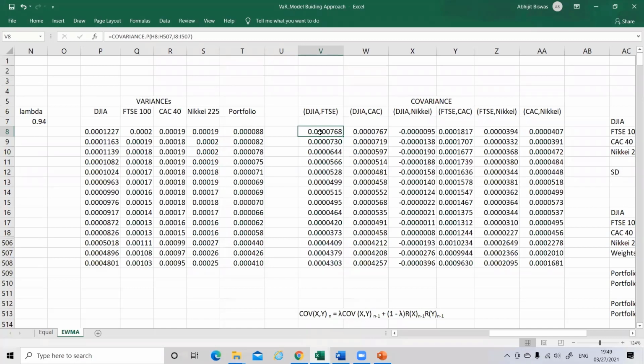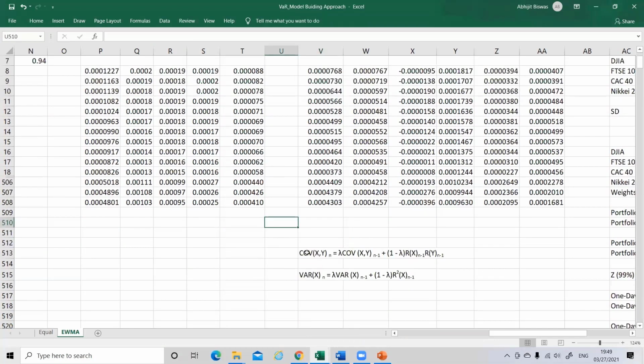One way is to calculate the covariance.p, but under EWMA method, the covariance is calculated using this formula. What is the formula?